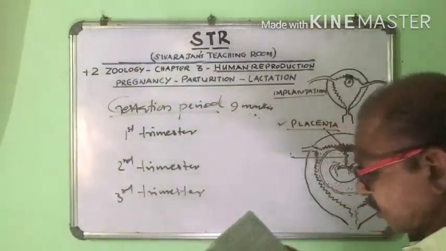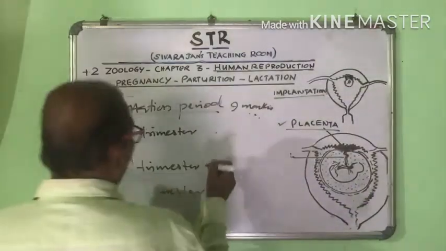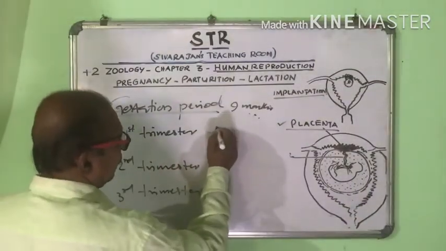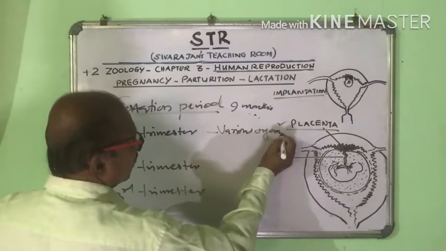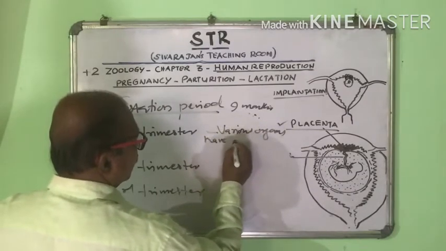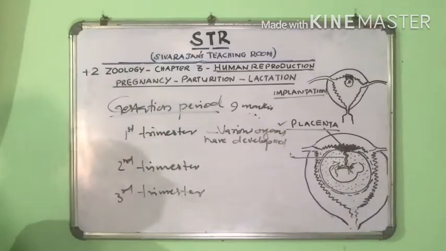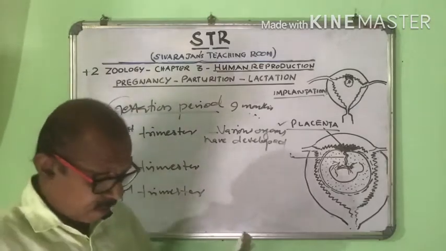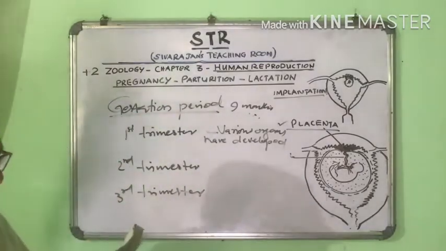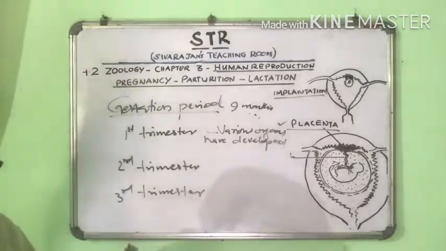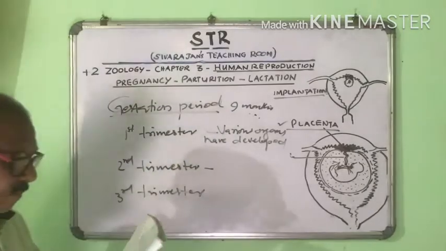During the first trimester, all the various organs have developed. During the second trimester, what happens?